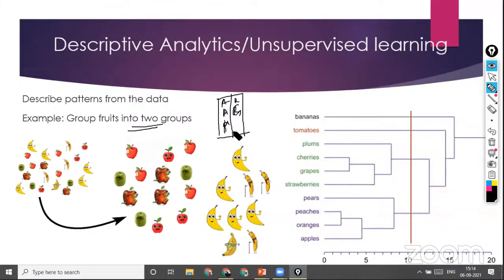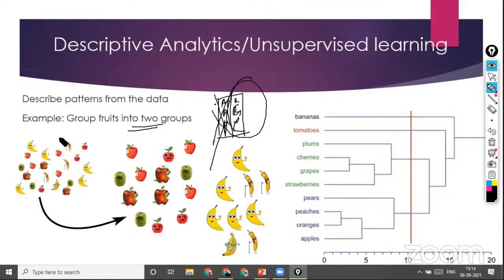Sorry, it's not mango, it's banana. Now assume that in your training this data is not available. You don't know whether it's an apple, you don't know anything about the kind of fruit that you have. You only have the information about the color, for example.